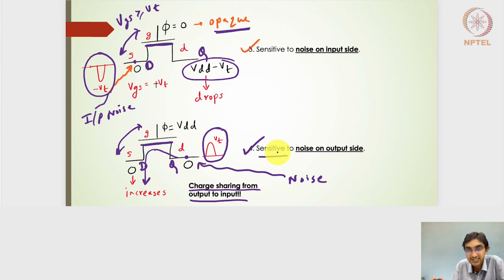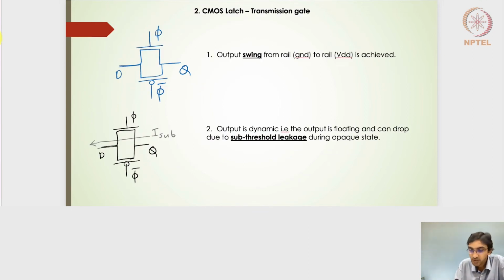So we had 4 disadvantages of using the NMOS transistor as a latch, although the NMOS transistor can be utilized as a latch. So let's see what happens if I use a transmission gate. If I have a transmission gate, that means that the NMOS and the PMOS transistors are tied together in parallel. So one thing is very clear, that the output swing is not restricted to VDD minus VT anymore.